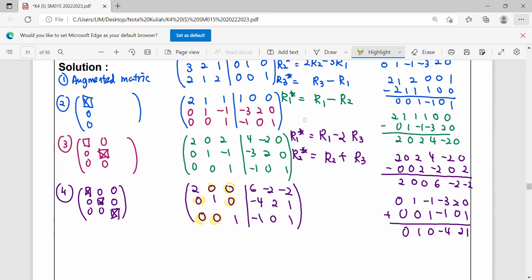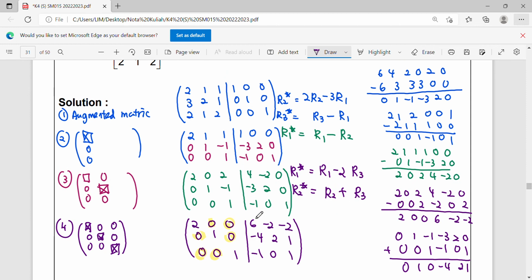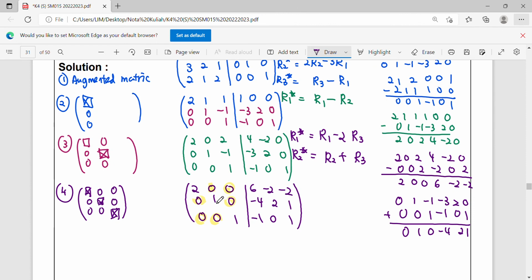Alright? When we follow through the row by row operation here, once we get 0 and then we continue the operation, you notice that 0 does not return back to numbers, meaning that is correct. If suddenly here it becomes numbers, that means something is wrong with the operation. So lastly, we are going to obtain our identity, where this is value 1, this is 1 already obtained, here also 1 already obtained.